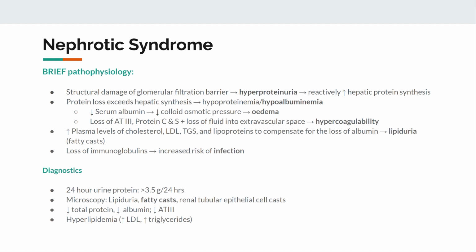If you lose lots of protein at the kidney, you end up with low albumin in the blood. The liver will try to keep up, and it will go into synthetic overdrive and make lots and lots of new albumin, but you'll just keep peeing it out, and you'll end up with low albumin. Because you've got low albumin, you have a low colloid osmotic pressure within your vasculature, and you will begin to leak fluid everywhere.